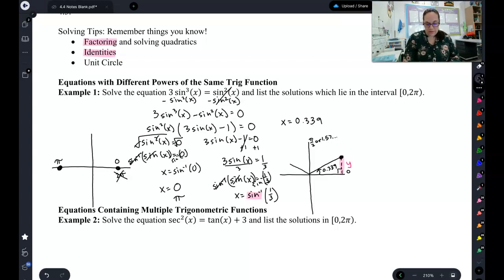So the triangle that has the same y value would be over here. And I want this blue angle that will get me to that triangle. I know that this is 0.339. So to find the blue angle, I do pi minus 0.339. And that should give me the blue angle of 2.802 radians. There, I'll do it in blue so it's the same color.